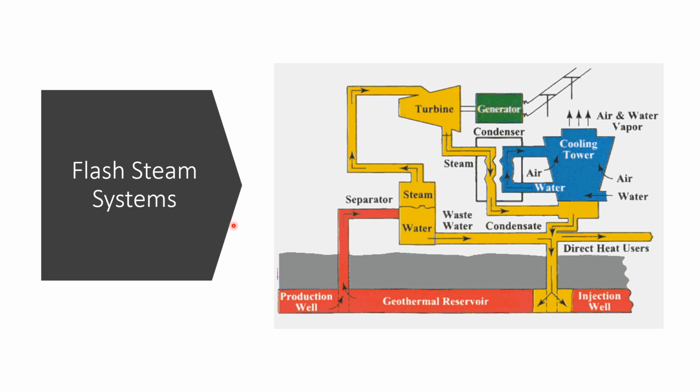Alright, so this is your flash steam system. You can see right here the production well, and the heat comes up, and then we're going to separate the steam out of the water by using this heat, and then that steam is going to go into the turbine, and then we're going to use that mechanical energy to run this generator and produce electricity. Excess steam is going to come back down, all the way down into the injection well.